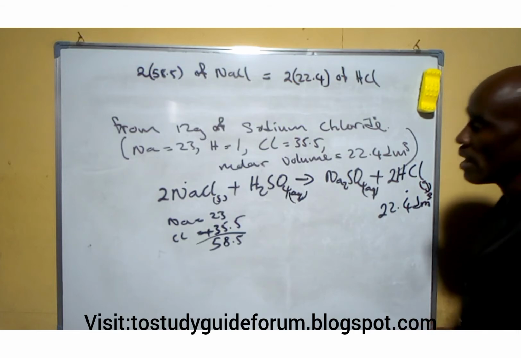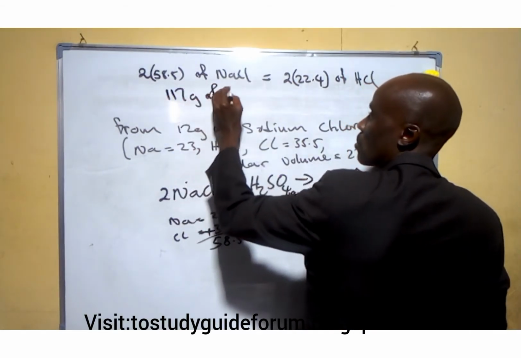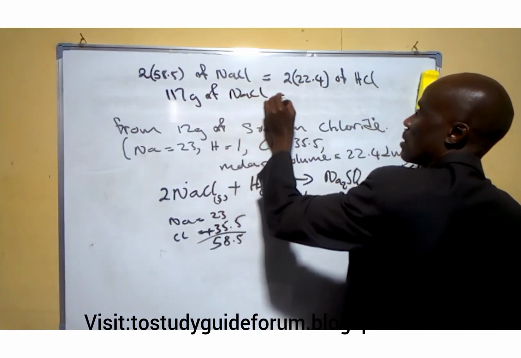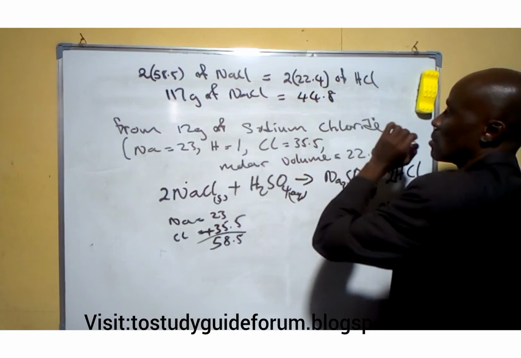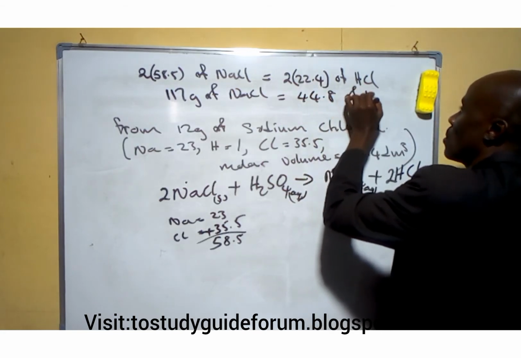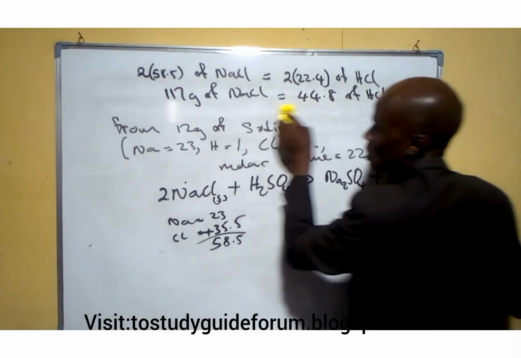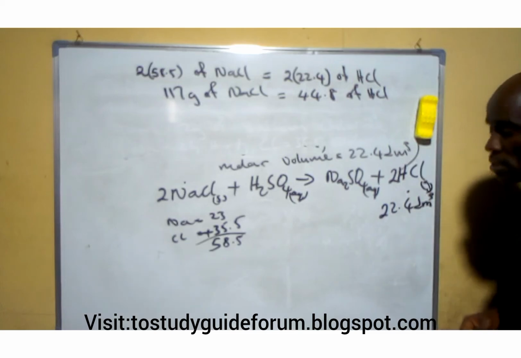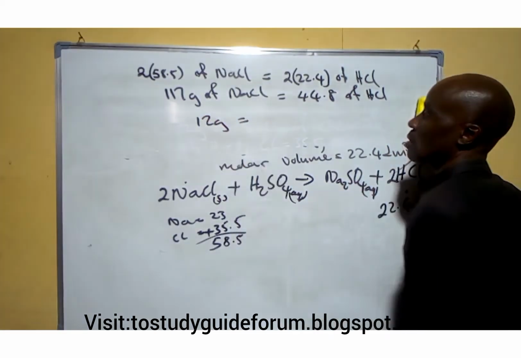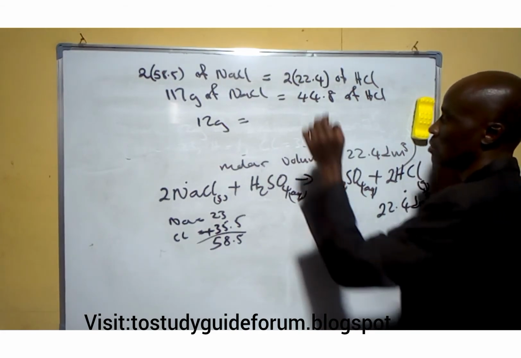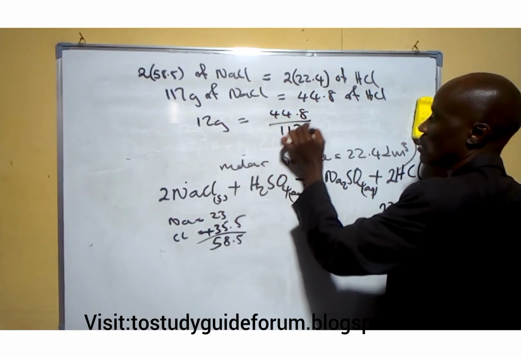We have 117 grams of sodium chloride, and this will give us 44.8 dm3 of hydrogen chloride gas. So the 12 grams in question will then give us 12 times 44.8 all over 117.